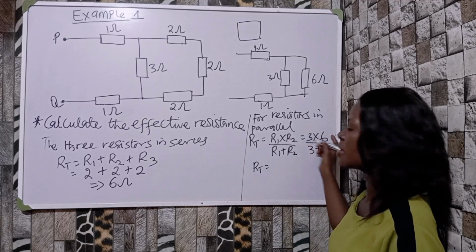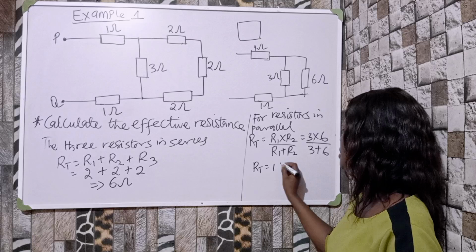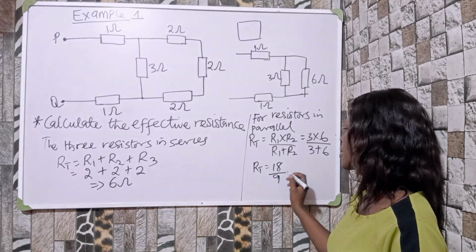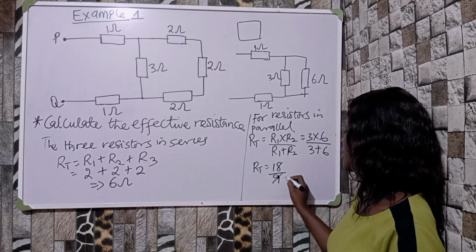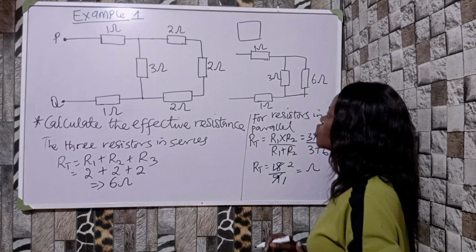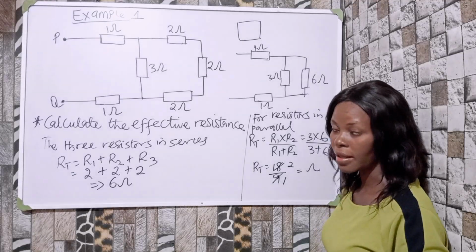Alright. 3 times 6 is 18, divided by 3 plus 6, which is 9. Okay, so I will cancel 9 into itself 1, 9 into 18 2. So I have 2 ohms, right?